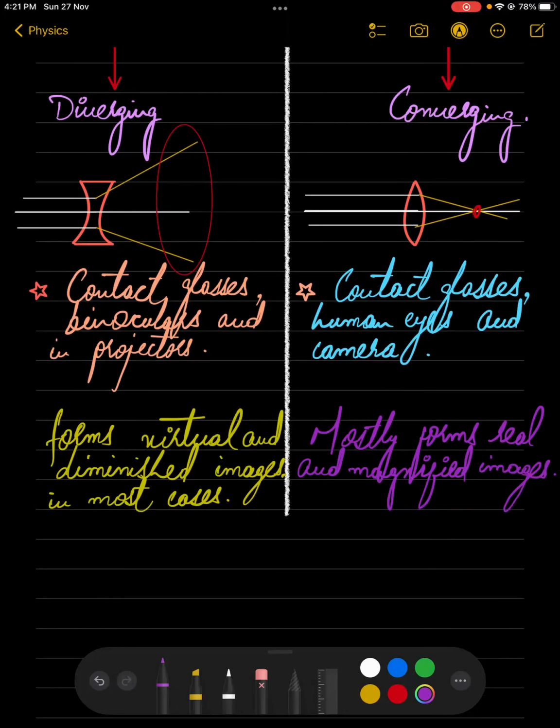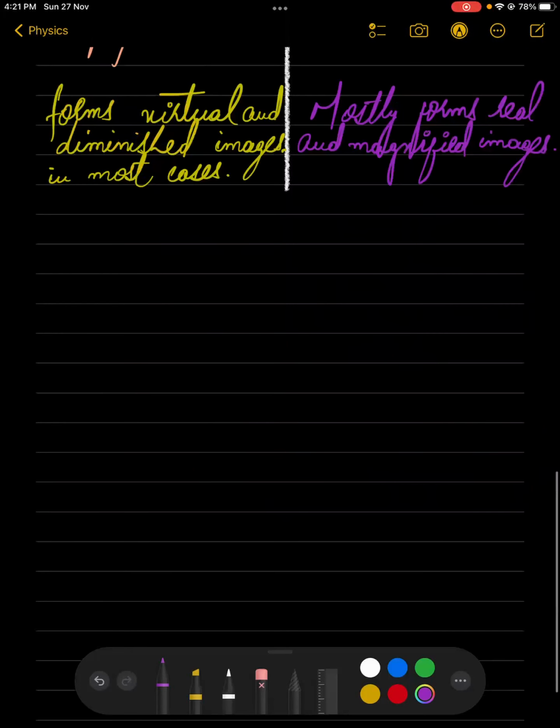Now, in most of the cases आपको जो images नजर आएंगी कन्वर्जिंग लेंस के अंदर वो होंगी रियल एंड मैग्निफाइड, जबकि डाइवर्जिंग लेंस में आपकी इमेज होगी वर्चुअल और डिमिनिश्ड.